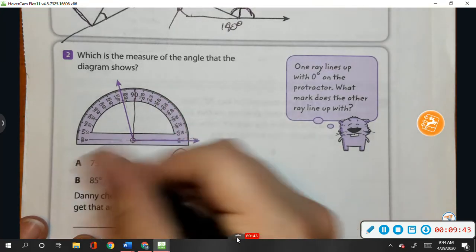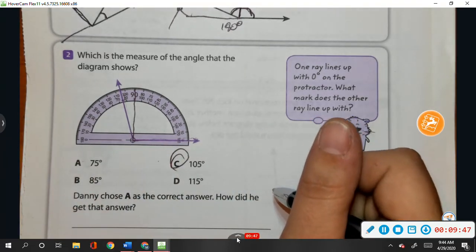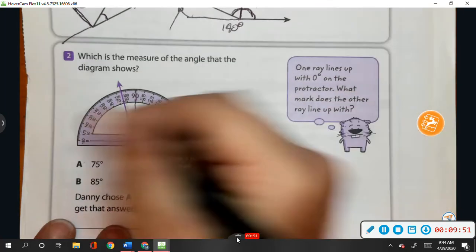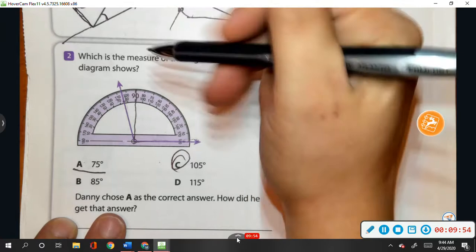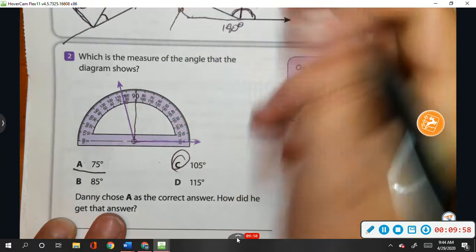Now Danny chose A as the correct answer. How would he have gotten that answer? If he had gotten A, he got 75 degrees. So I'm thinking he forgot to look at those bigger numbers on the protractor.